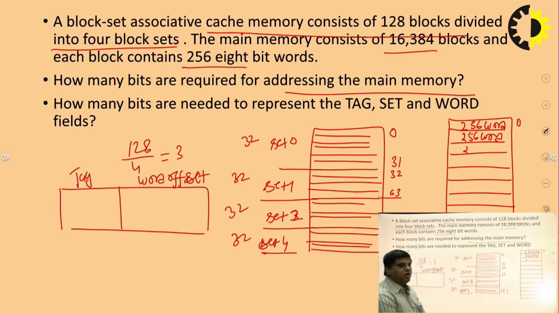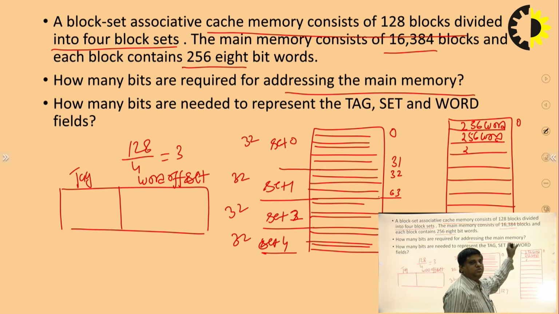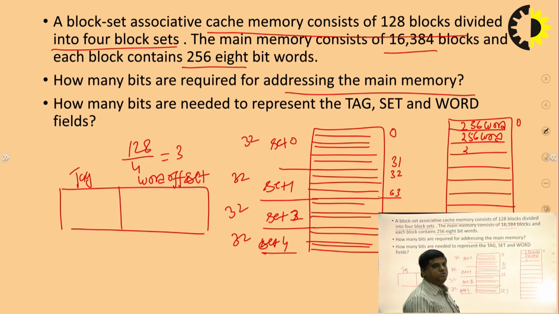The number of blocks available in the main memory. And what is the word offset? The size of each word, the number of words that can be accumulated in the cache memory. 256 words means 2 to power 8, that is the 8 bits of word offset of the main memory.